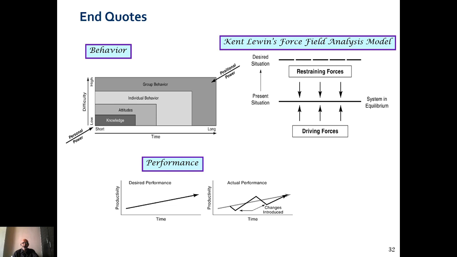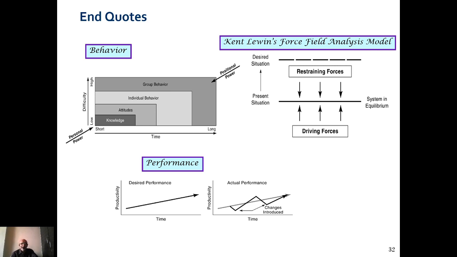Kurt Lewin's force field analysis model: restraining forces and driving forces will keep the system in equilibrium. So productivity versus time, but actual performance shifts up, and at the end it makes up somehow.